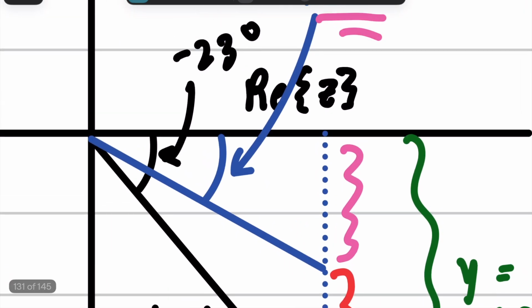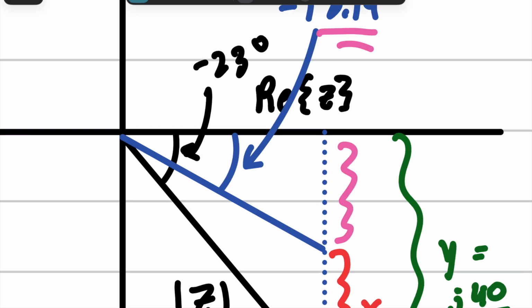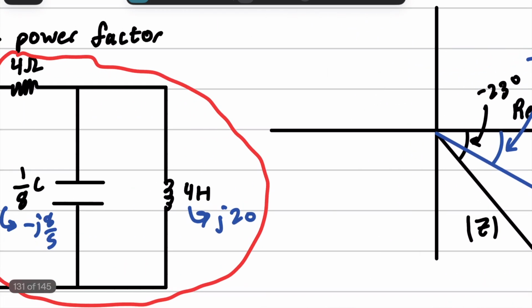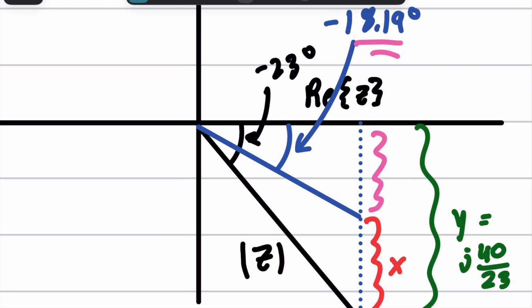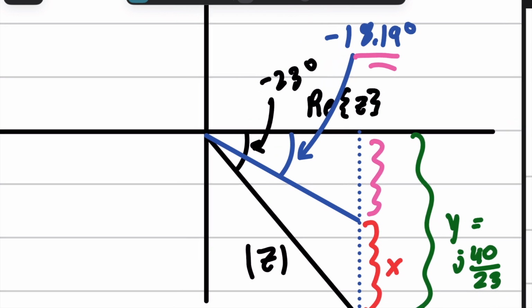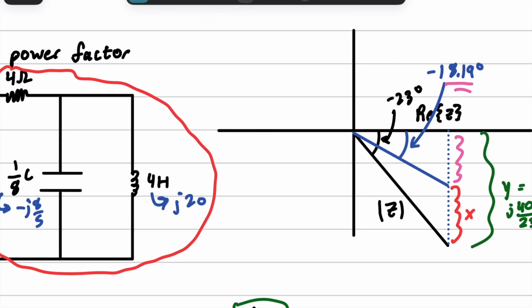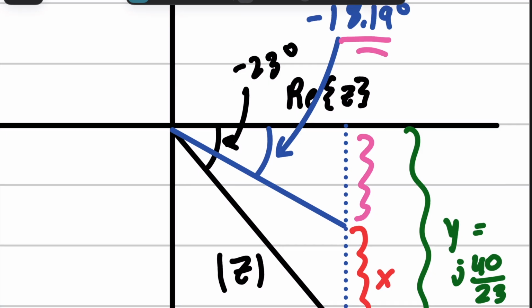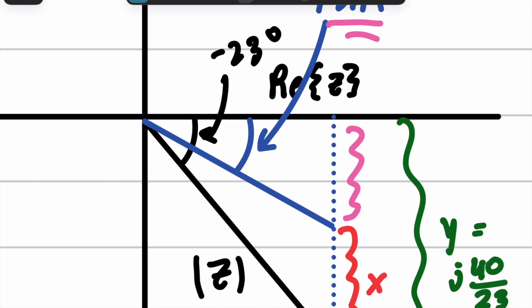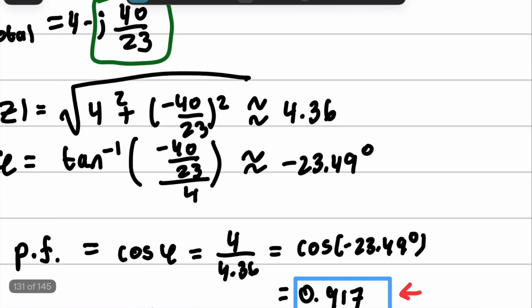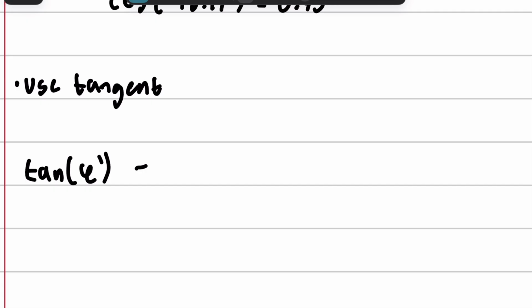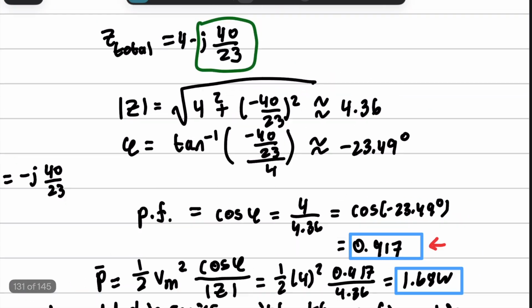The adjacent is just the real part, because this resistor doesn't get messed up by going up and down. The imaginary portion is the thing that's doing the moving. The real part is just fixed at this point, so the bottom is the real part. That's just going to stay real.